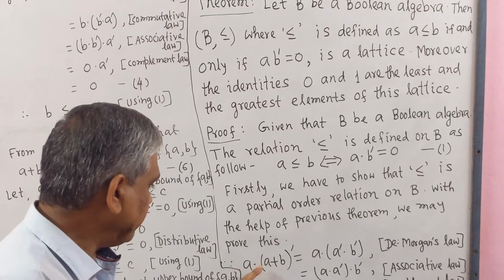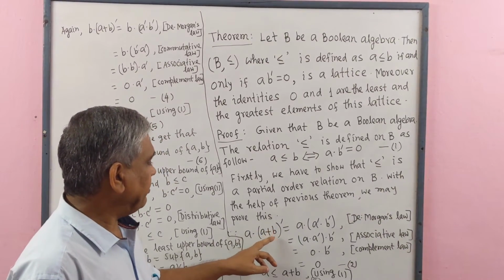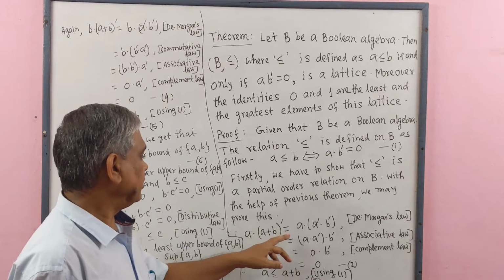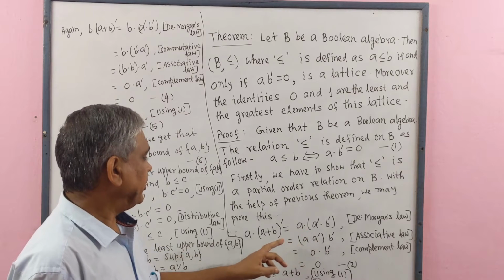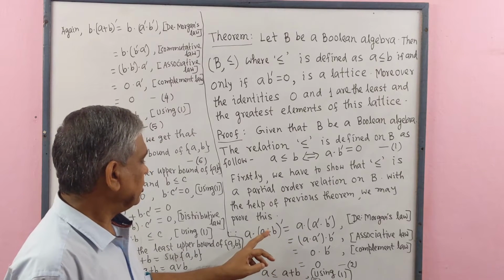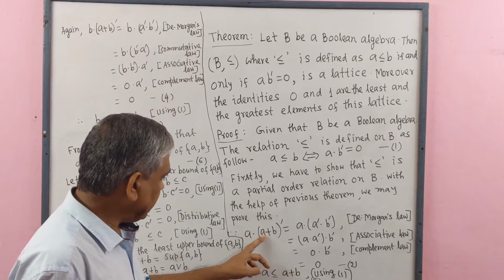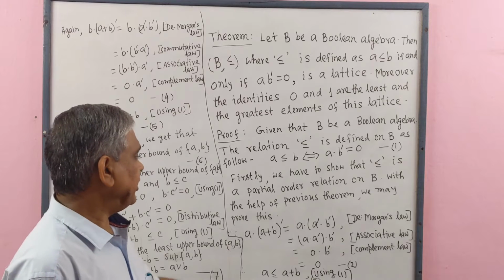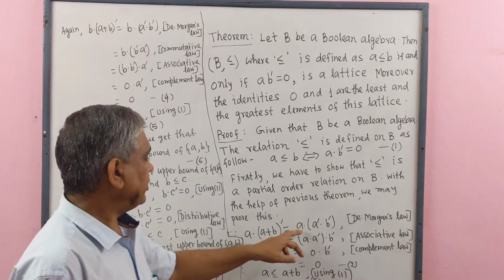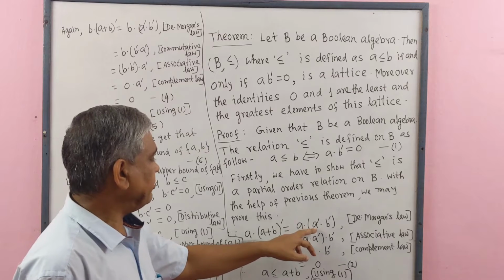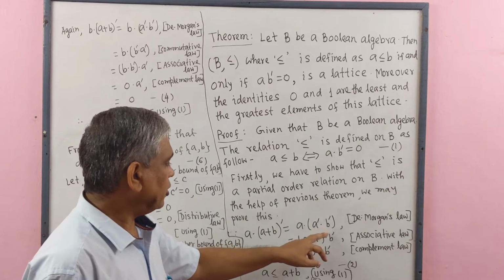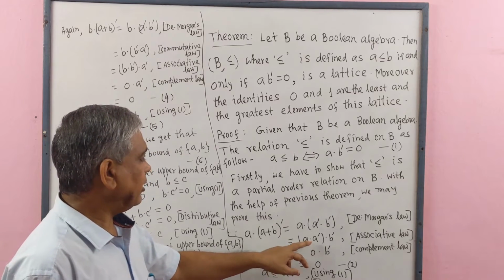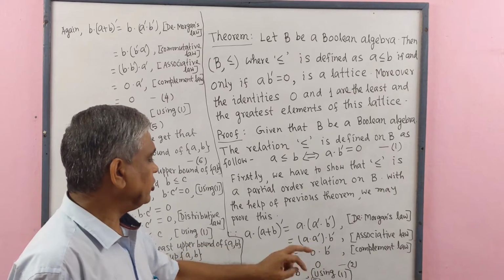Now, A dot (A plus B prime), that means complement of (A plus B), equal to A dot, by De Morgan's law, this is equal to complement of A dot complement of B. Now by associative law, we may write (A dot complement of A) dot complement of B. By complement law, A dot complement of A equal to 0.